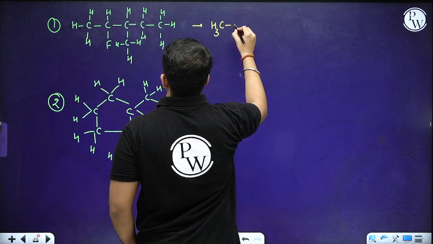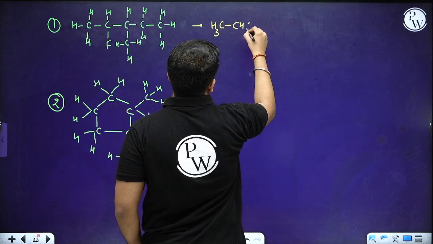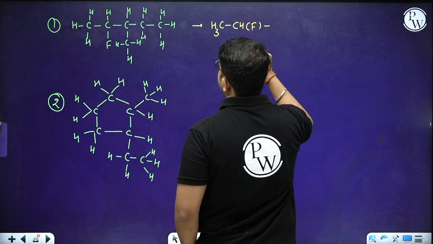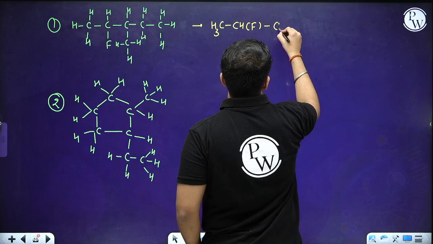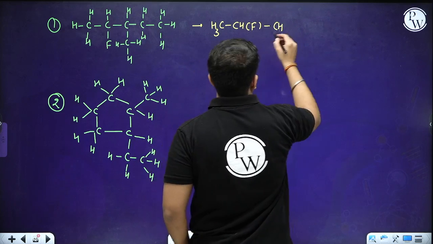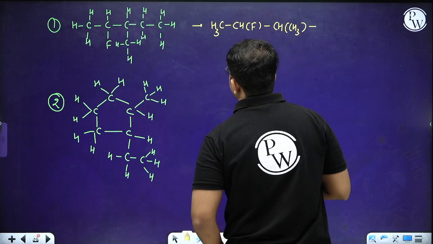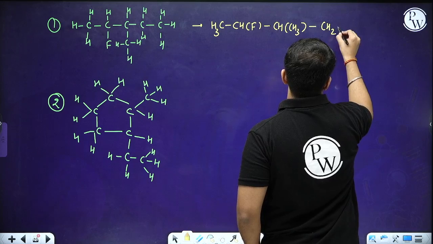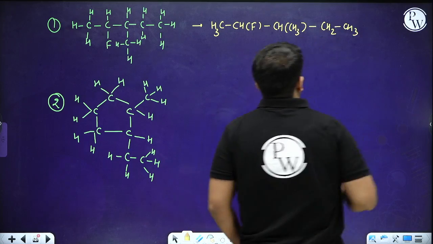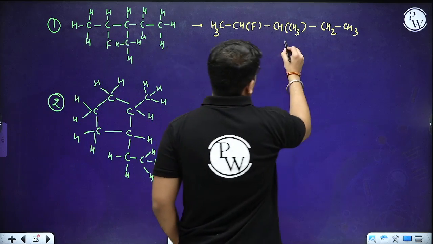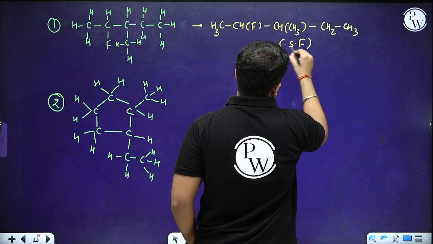CH3, then we have CH and F, then CH, CH3, then CH2, and then CH3. This is the notation known as the condensed structural formula.